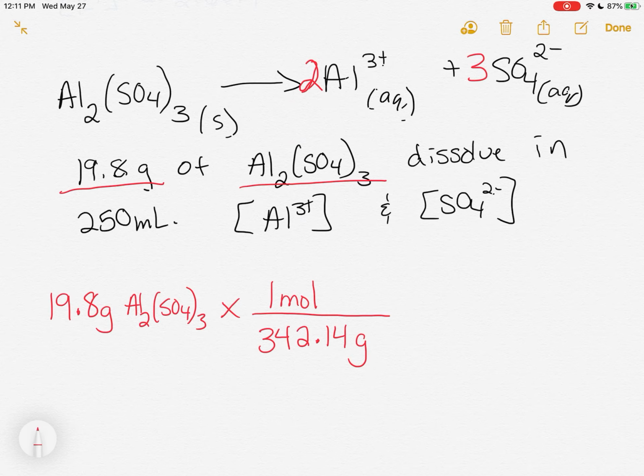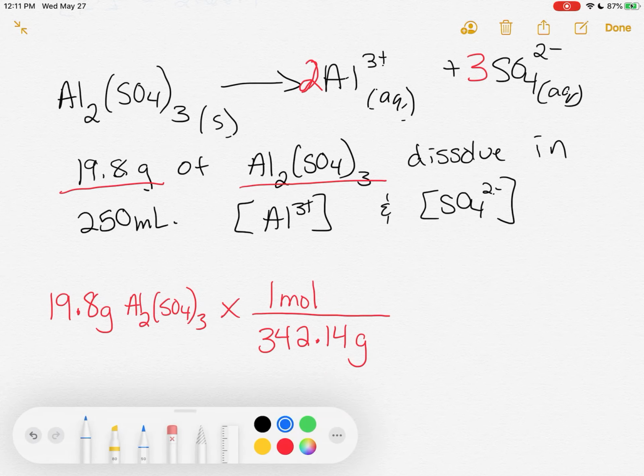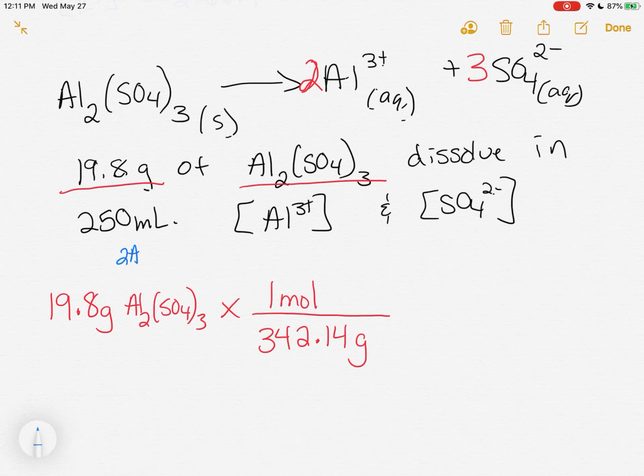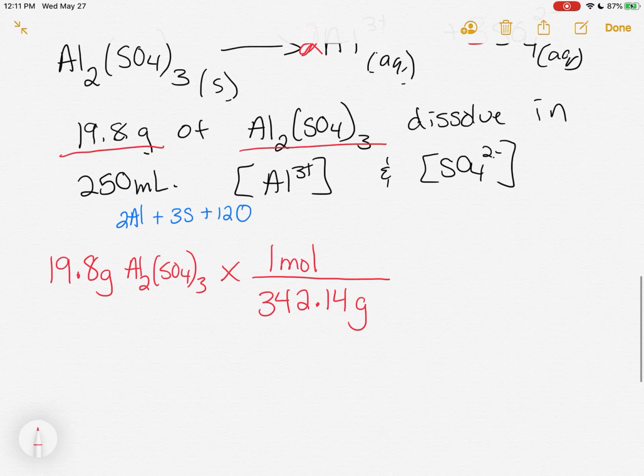And remember, when we're calculating that molar mass, there are 2 aluminums, there are 3 sulfurs, and there are 12 oxygens in that formula. Okay, so just as an aside for molar mass, there are 2 aluminums, plus 3 sulfurs, plus 12 oxygens. We have to use that when we're calculating our molar mass, and that gives us the molar mass of 342.14 grams per 1 mole of aluminum sulfate.